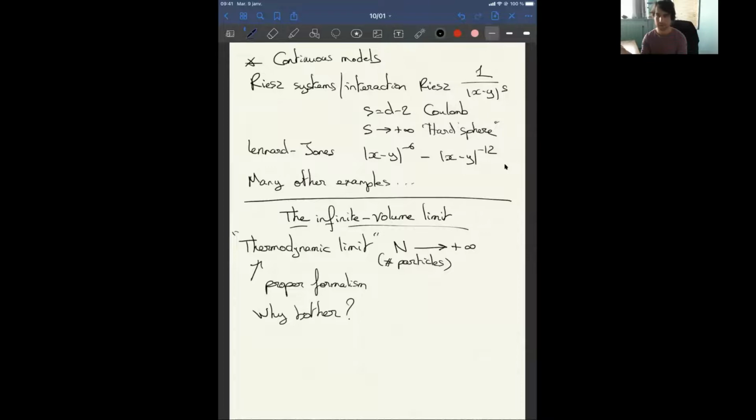The physics is finite. You have a finite number of particles in the room, right? So what sense does that make? Well, first of all, n, the actual number of particles, is indeed finite, but it's extremely large. So it's not completely crazy to consider the large n limit.